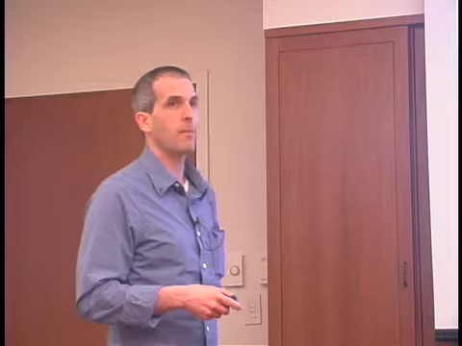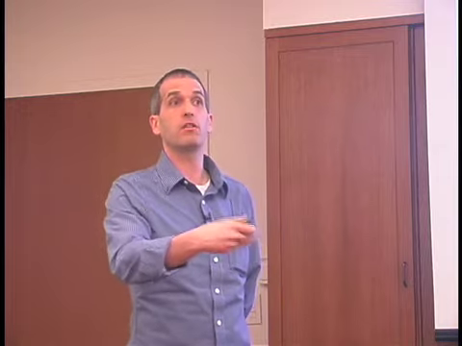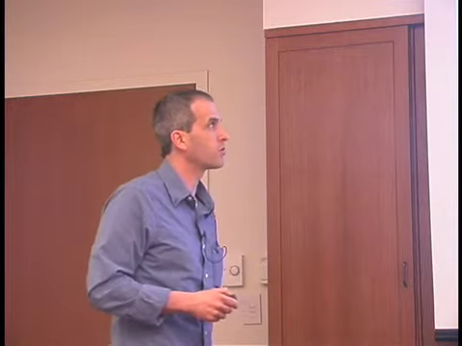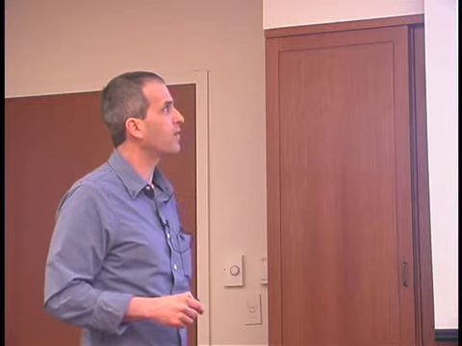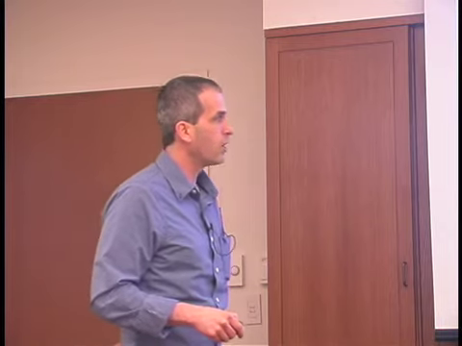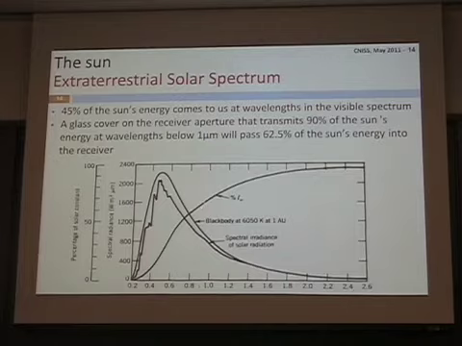So if we design a solar system and we use glass, and let's say this glass has a certain transparency to certain wavelengths, say it transmits 90% of the sun's energy at wavelengths below 1 micrometer. Then up until here, you will pass probably about 62.5% of the sun's energy into your receiver. So this is something you need to consider. You're not getting all the power that you can get. You just need to consider in your design the wavelength transparency of your collector.